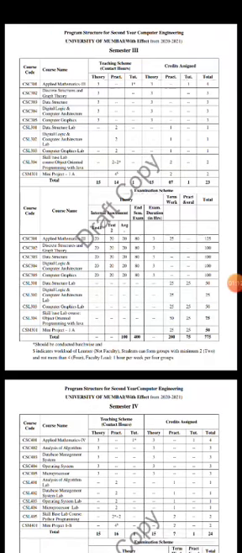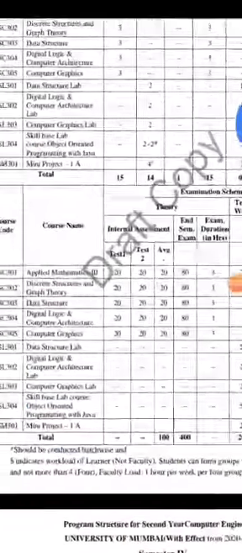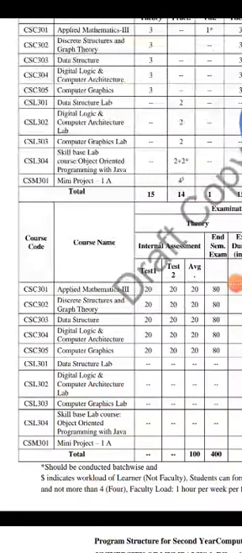As far as the examination scheme is concerned, here is the examination scheme for subject code CSC 302 discrete structure and graph theory. 2 internal tests will be conducted and the average of both tests will be taken. That will be treated as your internal marks.